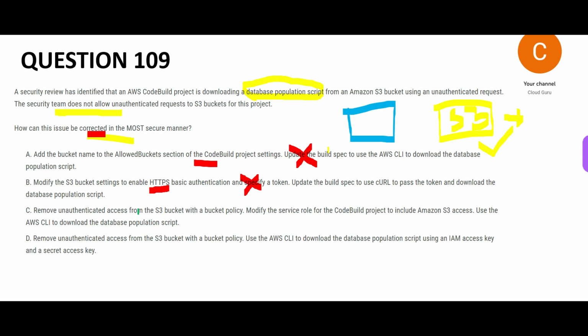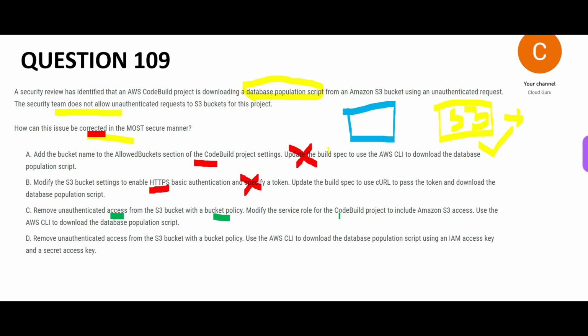C is telling you to remove unauthenticated access from the S3 bucket with the bucket policy. So you create a bucket policy and then you modify the service role. So they have done something in the yellow box and they're handling it through a bucket policy, which is fine. Now they are going to do something in the blue box also. What is that?